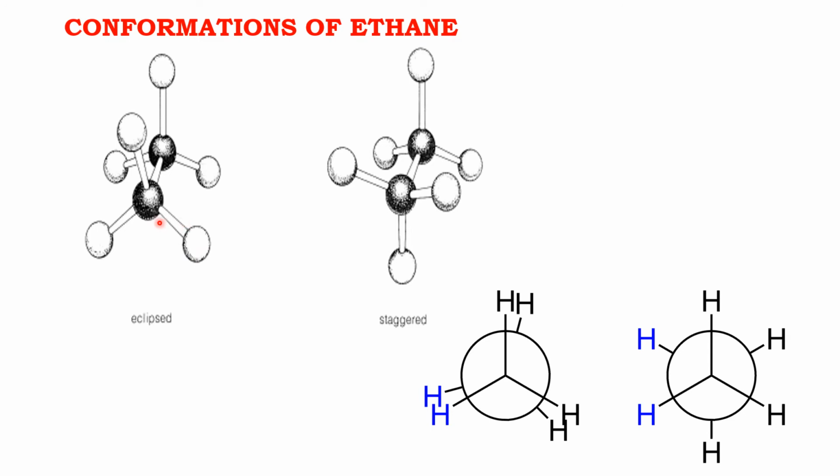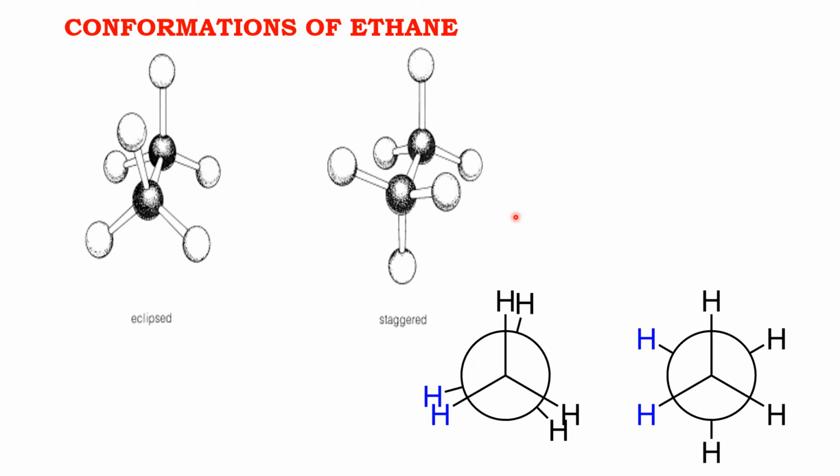That means when we look from the front side of the eclipsed conformation, we could only see the first carbon atom and the three hydrogen atoms. The three hydrogen atoms of the first carbon atom and the three hydrogen atoms of the second carbon atom lie in the same plane. See here, like this. That means we cannot see the hydrogen atoms of the second carbon atom in the eclipsed conformation.